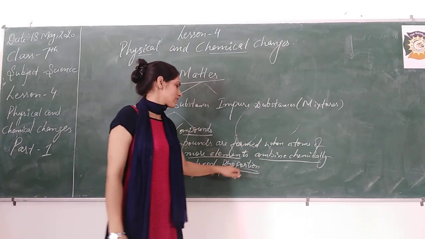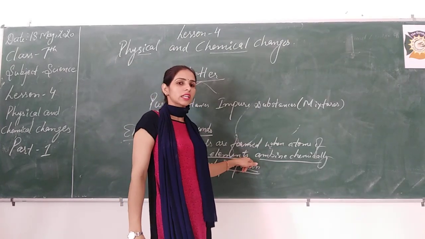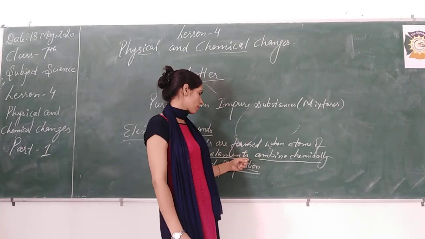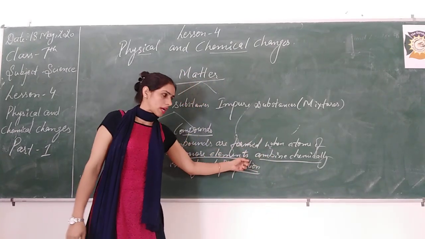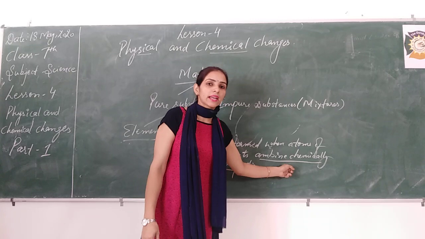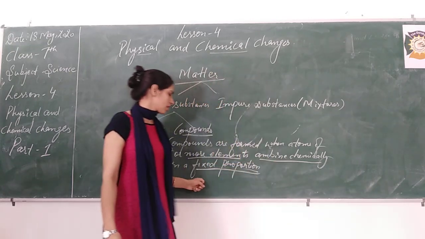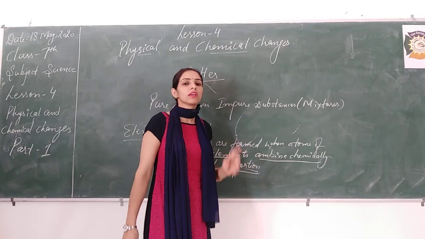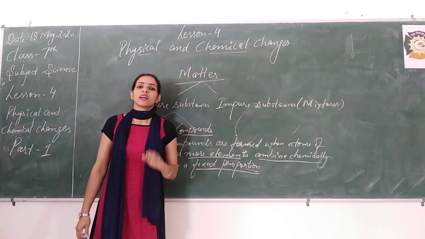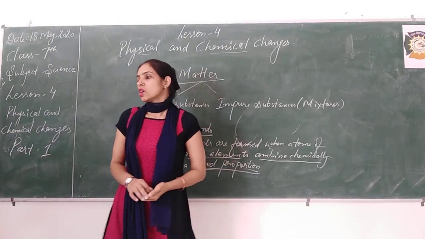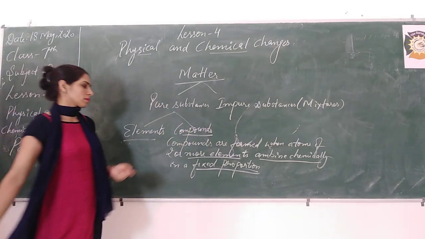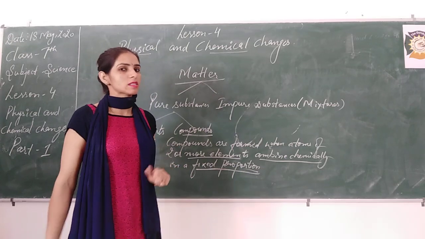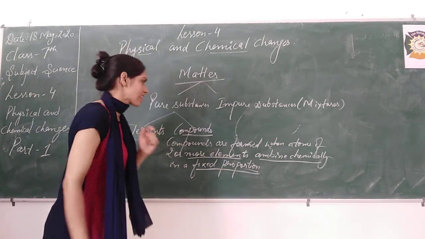If the molecule is satisfying all of them, that is, it is made up of two or more elements, they combine chemically, and third, in a fixed proportion, only then will we call it a compound, right? So we have to check these three conditions, but how? Let me explain by an example.